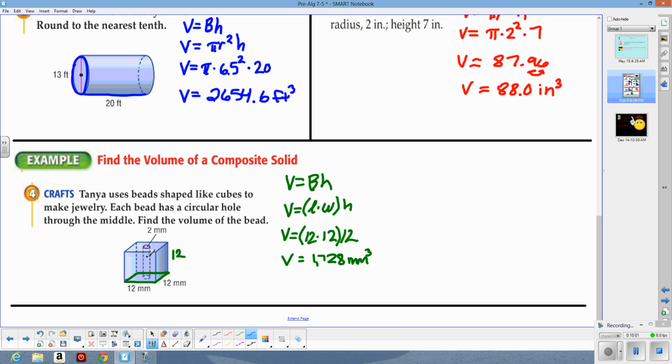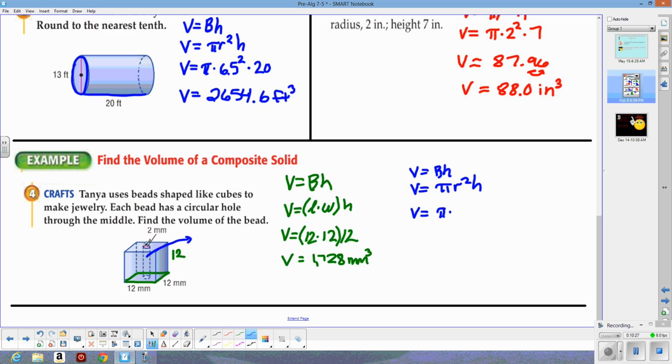Now next we're going to find the volume of this cylinder that we're going to subtract from the volume of the cube. So the volume of the cylinder is going to equal big BH. In place of big B, since it's a circle for the base, we're going to use pi r squared times the height of the cylinder. So volume equals pi times the radius.